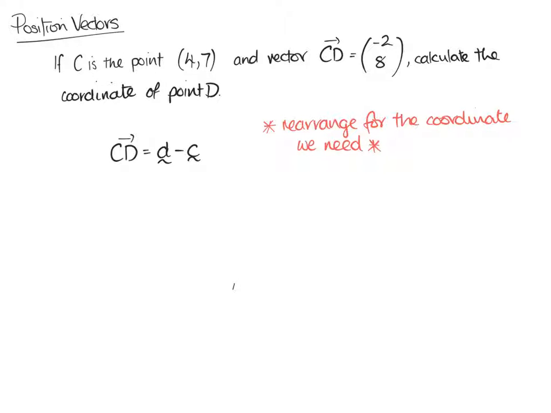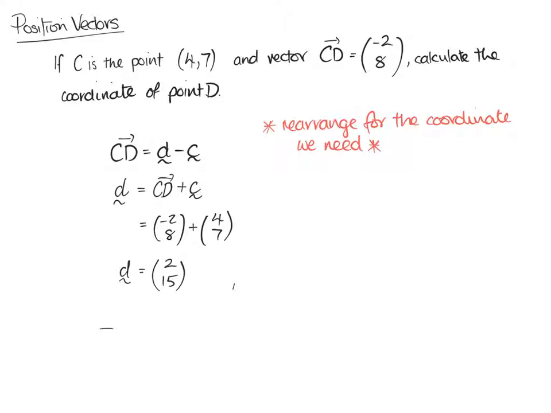Like we can go from our coordinate to our vector really easily, we can go backwards as well. So to get D on its own, we need to add C to both sides, so we get CD plus C. CD is (-2, 8), and C is (4, 7). So we add those together, and we get -2 plus 4, which is 2. We get 8 plus 7, which is 15. So therefore, the coordinate D is (2, 15).